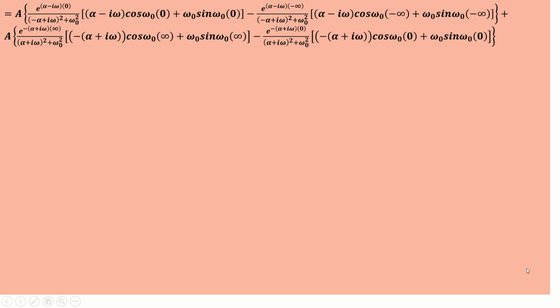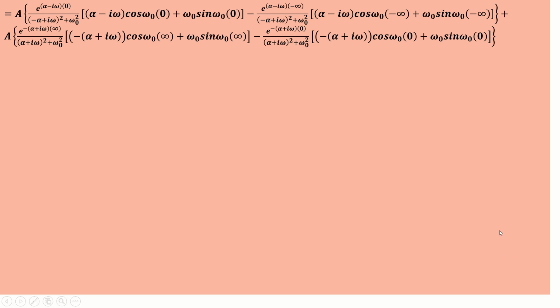You will get a e power i omega 0, that is the upper limit in the first integrand, minus alpha plus i omega square plus omega naught square, minus alpha plus i omega cos omega naught into 0 plus omega naught sin omega naught 0, minus the lower limit, replacing 0 by minus infinity, the same thing, plus the second integrand upper limit plus infinity. So we are replacing tau by infinity in all. Minus the lower limit 0, so replacing tau by 0 in the integrand.